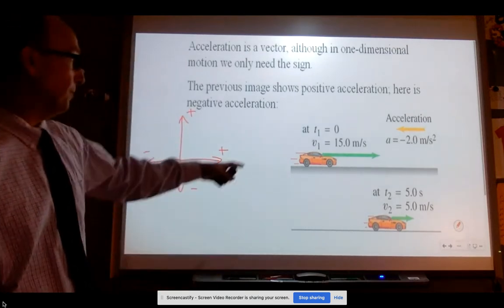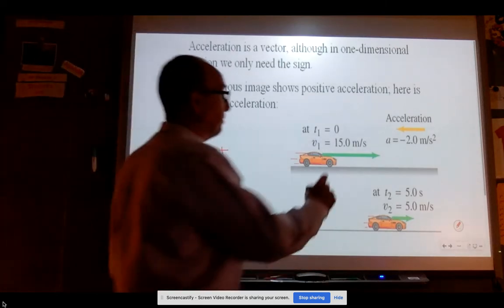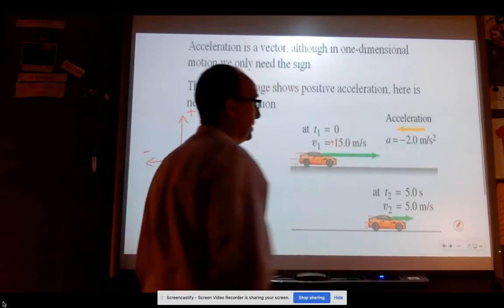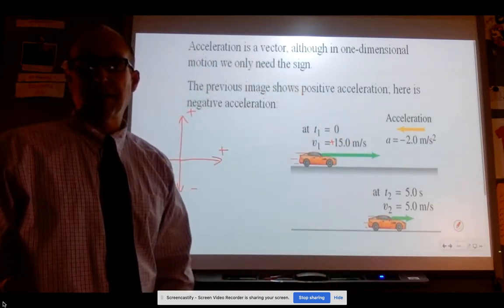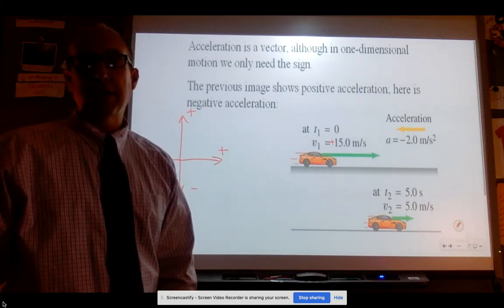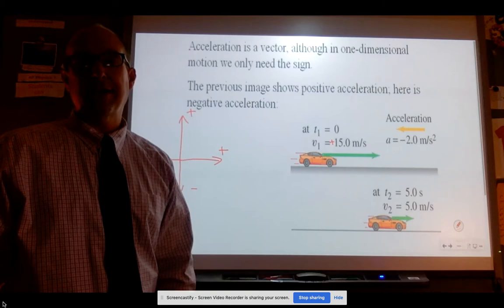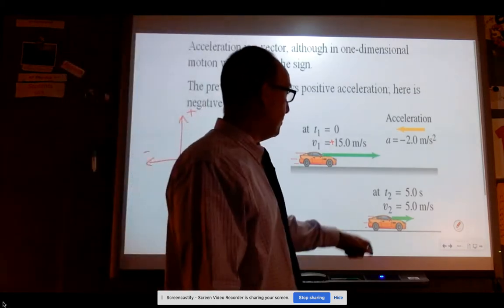So in this picture, this car is going at 15 meters per second to the right. This is a positive velocity. This acceleration is directed to the left. You look at the direction of that arrow, so that's going to be a negative acceleration. So since the acceleration is opposing the velocity, it's going to cause that velocity to decrease. How much is it going to decrease?